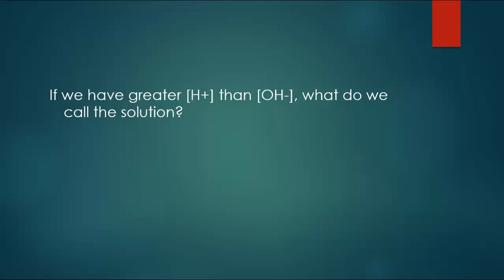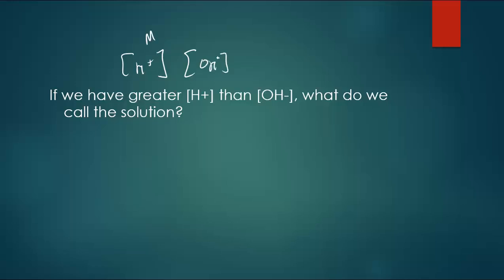If you raise the amount of hydrogen ions, you must lower the amount of hydroxide, because together, hydrogen concentration, and listen to me, anytime you see anything in brackets, the unit is in molarity, moles per liter.